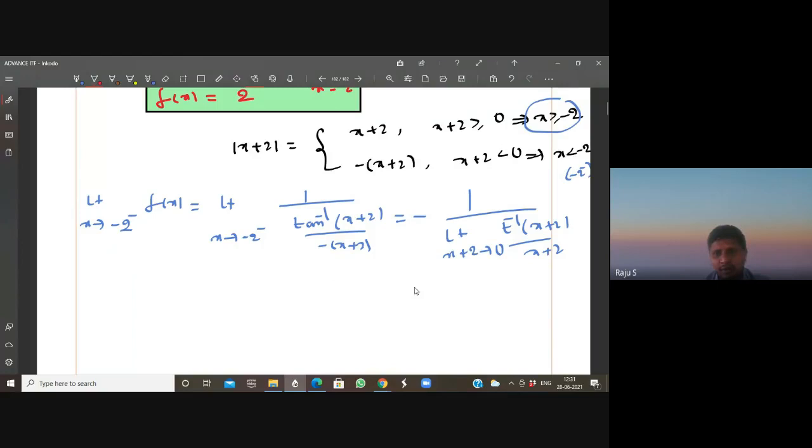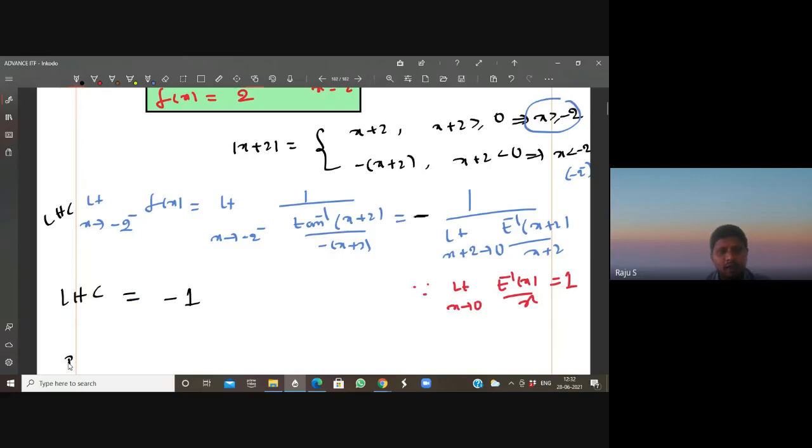Limit x tends to 0 of tan inverse x by x is always 1. With the help of L'Hospital rule you can apply, no problem, you will get 1 only. So LHC value finally we got minus 1, that is, 1 by 1 with minus already there, so minus 1.